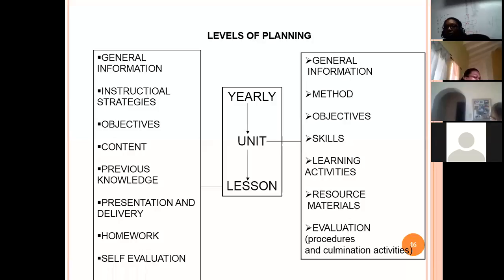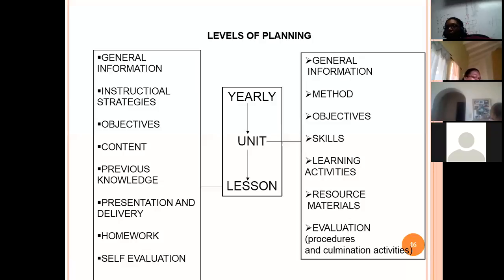and then you want to look at content. Now, when we speak of content, we're asking you to put in place or indicate the key concepts that the lesson will relate to. What are the key concepts that you want the students to learn?